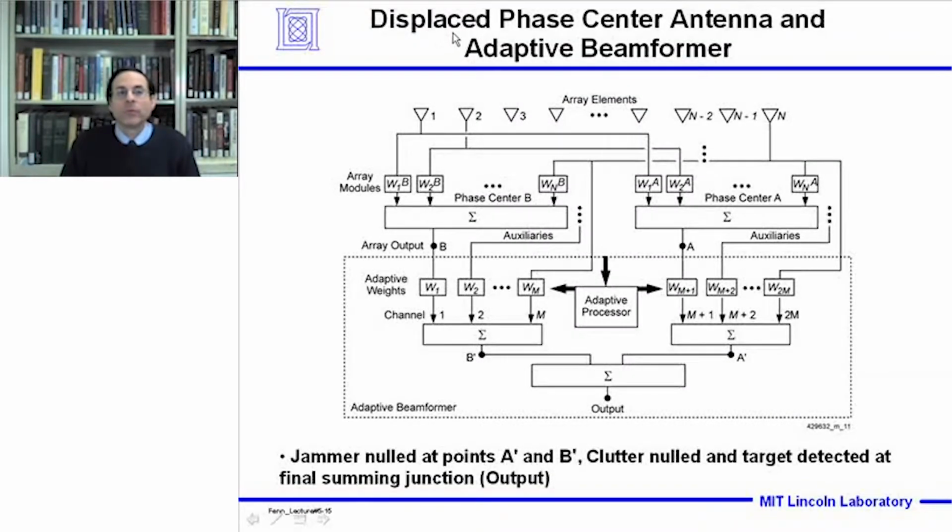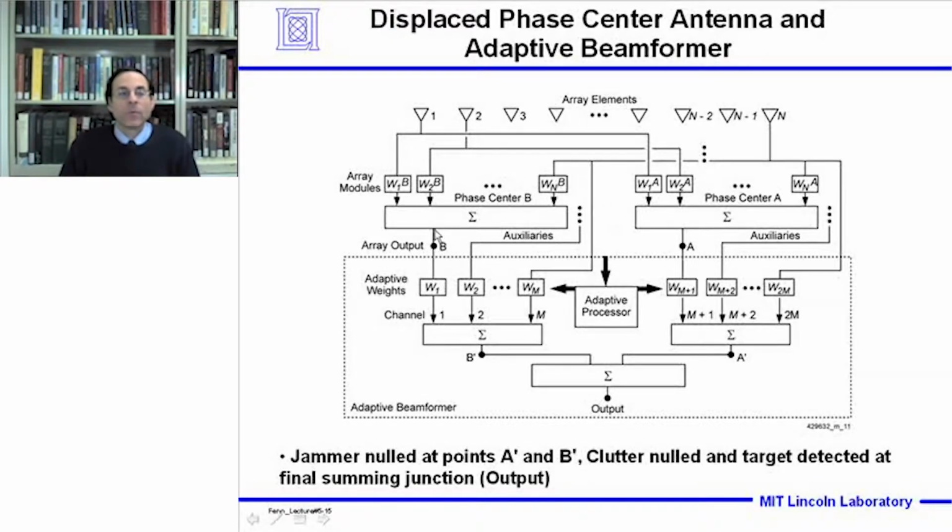So this slide shows the displaced phase center antenna and adaptive beamformer. Consider an n-element array, and from each antenna element we split the signal into two paths, one to phase center B and one to phase center A. Each of these phase centers contains a set of amplitude and phase modules, or TR modules, and a combiner.